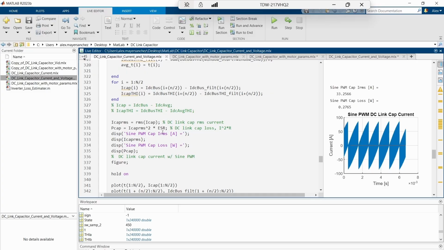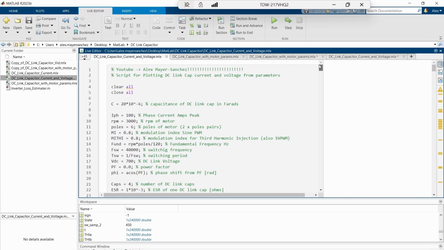So then I have this other calculation. I'm calculating the RMS current going through this capacitor. I'm taking the array of this plot of the current through the capacitor, taking the RMS value of that, and then multiplying I squared times the equivalent series resistance of the DC link.